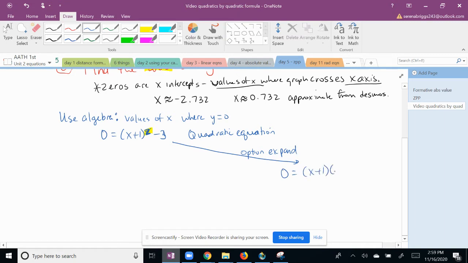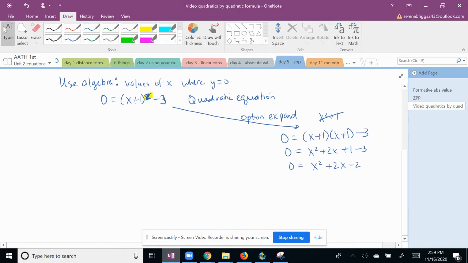It's x plus 1 times x plus 1, and then that minus 3. So that is not x squared plus 1, not at all. It comes out x squared plus 2x plus 1 minus 3. And so I've got x squared plus 2x minus 2.